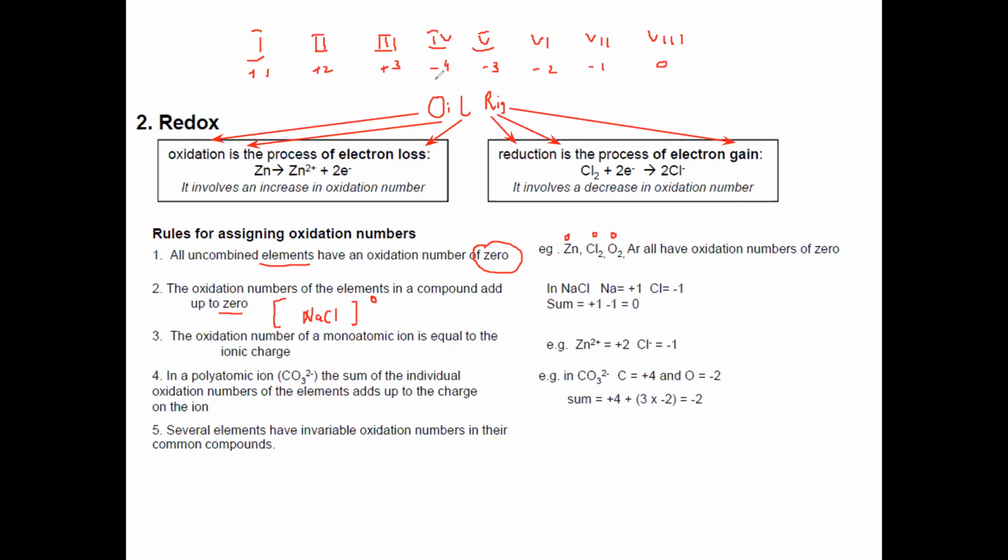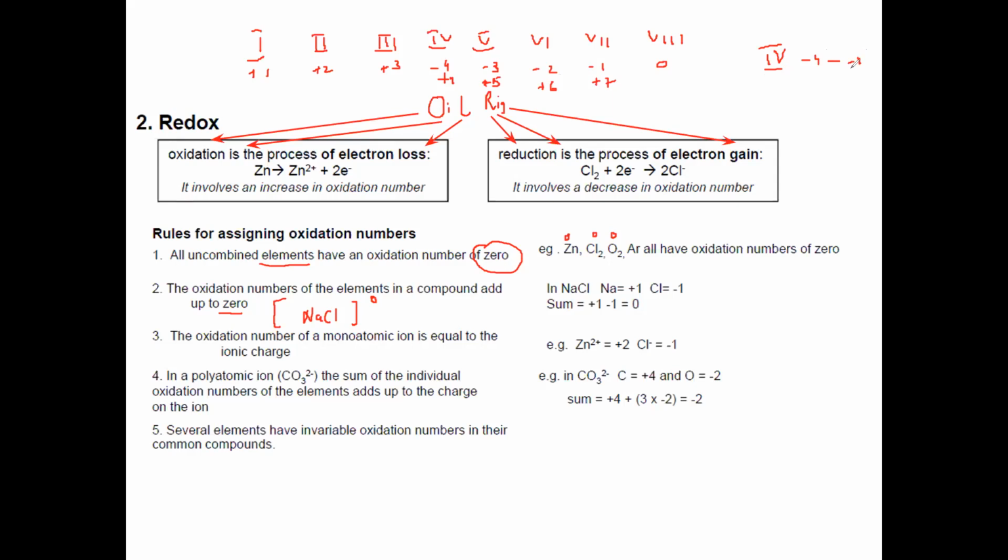But group 4 has 4 electrons, so maybe it will gain 4 electrons or share 4 electrons, so that is why negative, or maybe it will lose them. That is a possibility. So it may have +4, this may have +5, this may have +6, this may have +7. What does it mean? For group 4, the oxidation number can vary from -4 to +4.